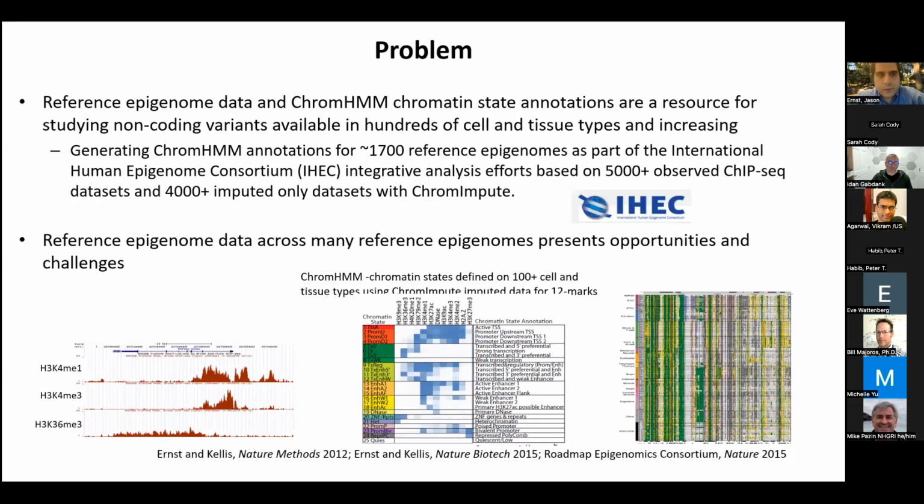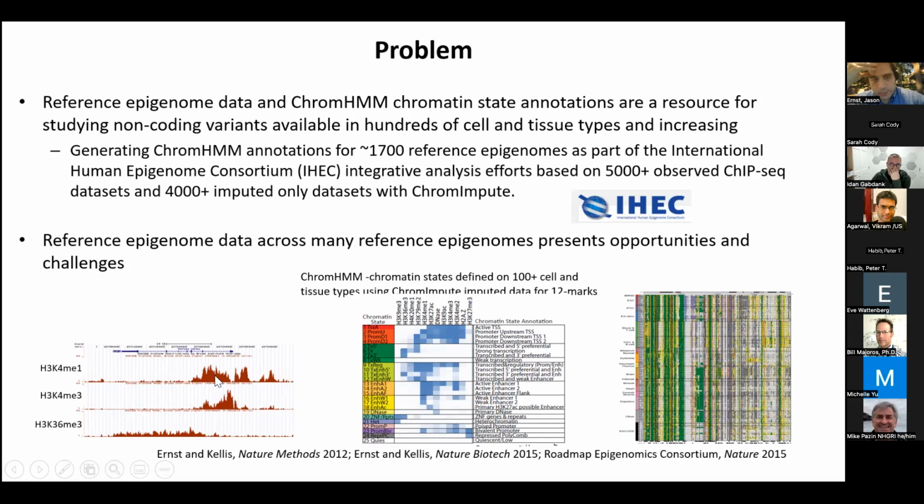What this is motivated by is that ChromHMM annotations and reference epigenome data in general have been useful for a variety of tasks for understanding the non-coding genome and non-coding variants.